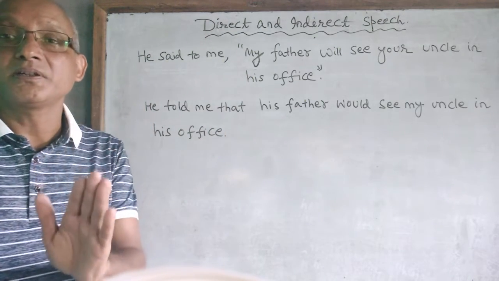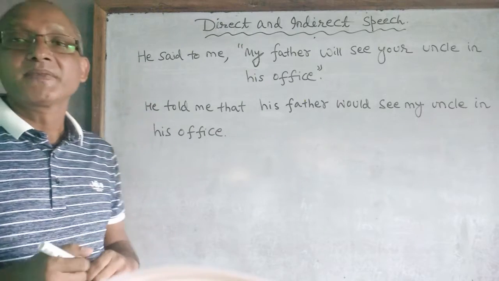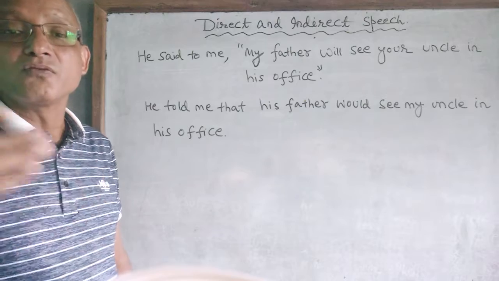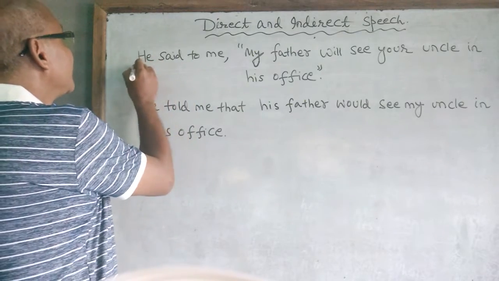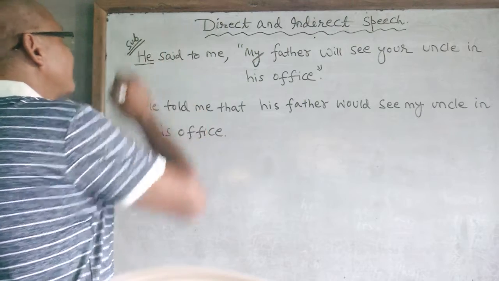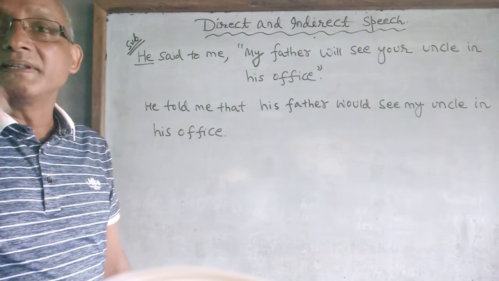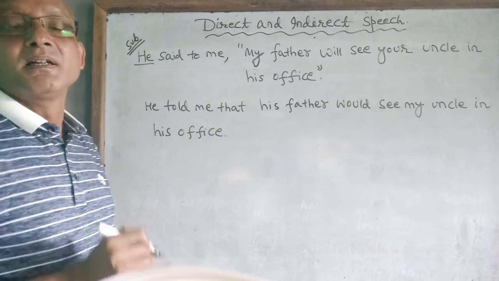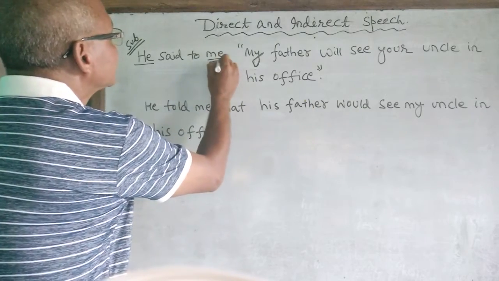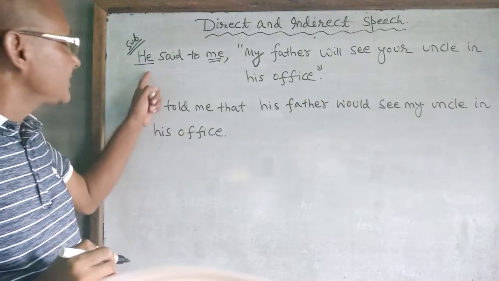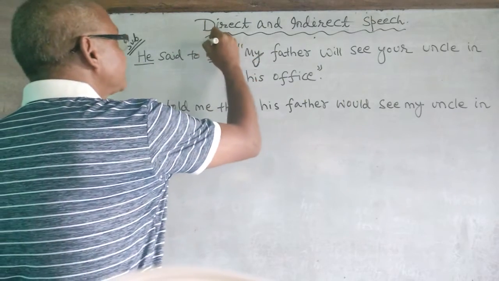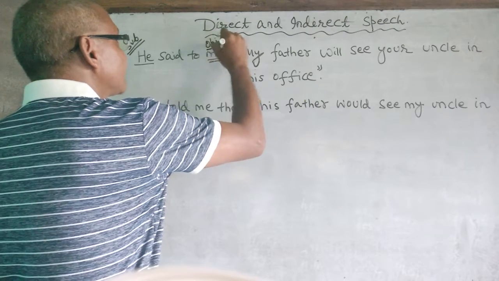Let's see it very slowly. First of all, let's try to indicate what is what. For example, he is the subject here. Then next comes me. If he is the subject, me becomes the object.